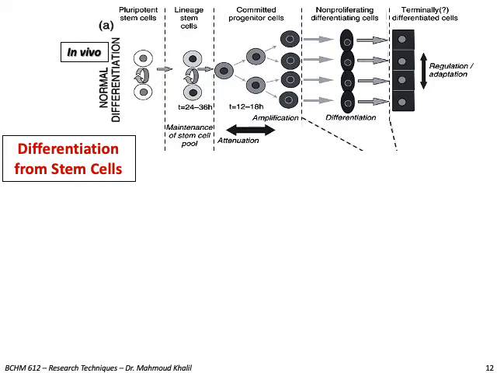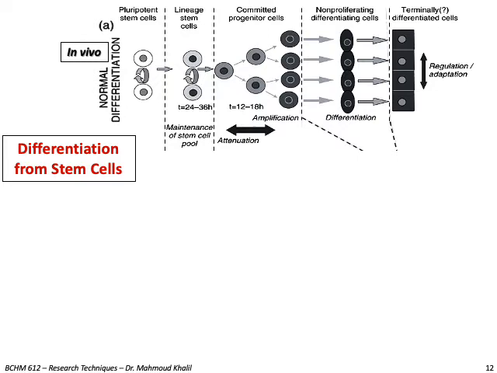So if we look closely at the normal in vivo differentiation from stem cells, you can see that in vivo, the pluripotent stem cells start a lineage and differentiate into lineage stem cells within 36 hours, so as to maintain a stem cell pool.